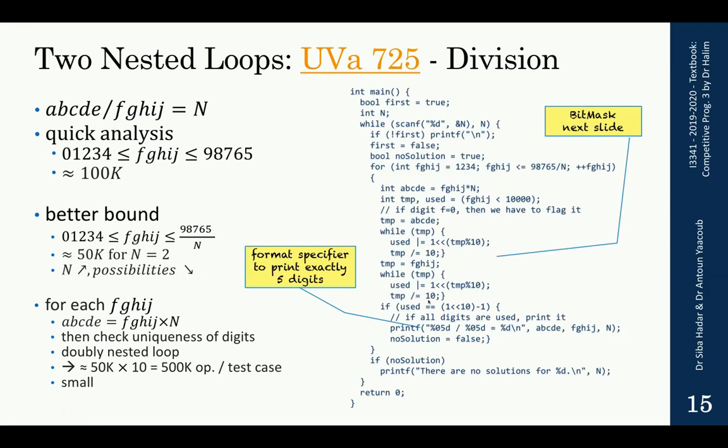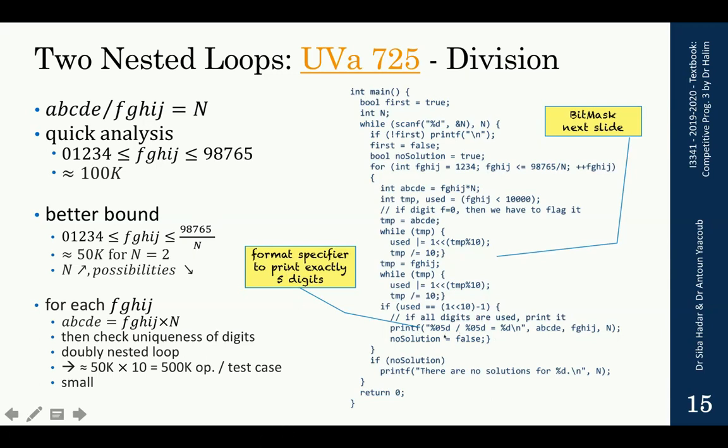So I compare the value of used to 1 shifted to the left 10 times, minus 1, and this gives me all 1. And if it is not all 1, then the digits are not unique. If they are all 1, the digits are unique, and therefore I will print the solution.